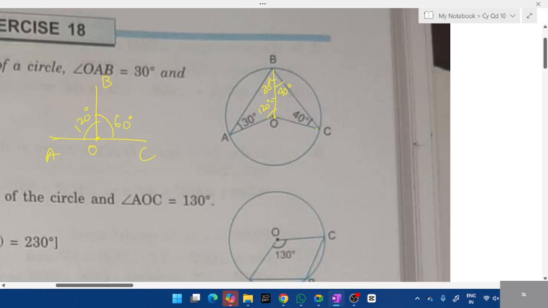Angle OCB and OBC, 40 and 40. Then what will be angle BOC? All of you tell me the answer, students. 180 minus 80, 100 degrees. Yes. What is the total value of AOC?